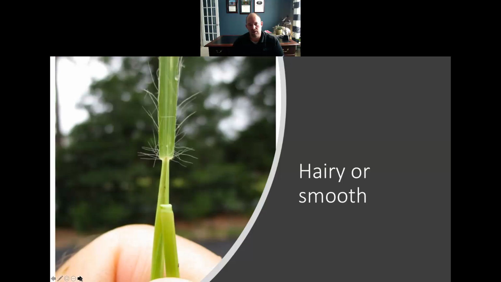This collar region can also be hairy, or it can be smooth, so again, another identifying feature between different grass species. Some grasses have some pretty wild hairs coming off of this. Some of them have very fine hairs. Some of them have no hairs at all.